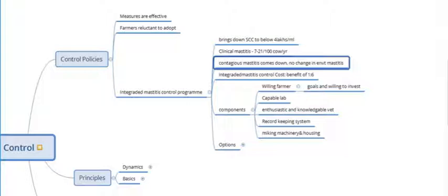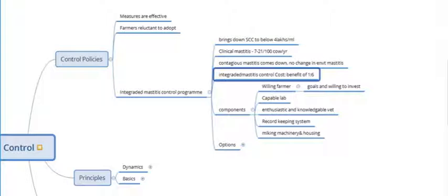Now, studies have also shown that an integrated mastitis control program has a cost benefit ratio of 1:6. That means if you put in 1 rupee for your integrated mastitis control program, the returns will be 6 rupees, as the quality of milk improves, the volume of milk increases, you can further make downstream processes with the milk, and the cost of treatment also comes down.